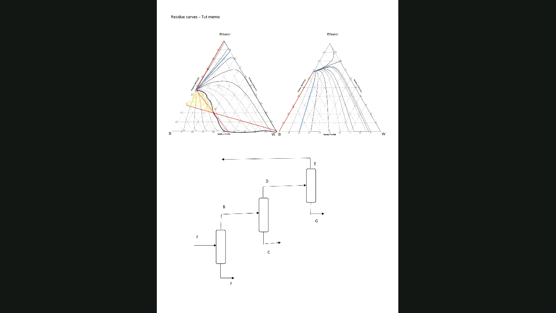Now, if we want to color in the possible bottoms, we would need to color in between the residue curve and the straight line that goes beyond the feed. But it doesn't stop there because it'll go all along the axis.